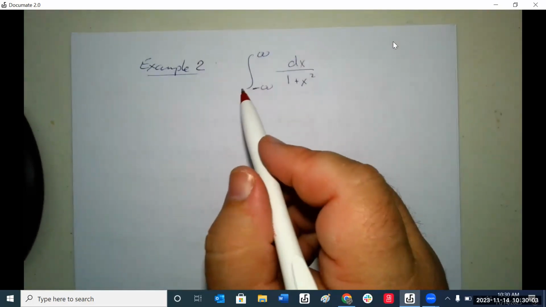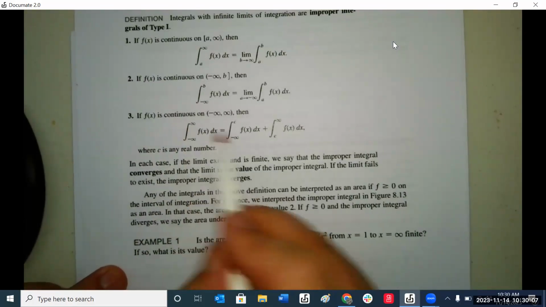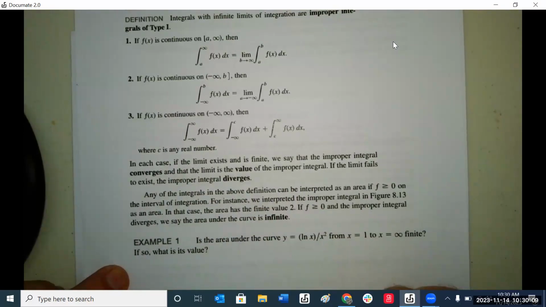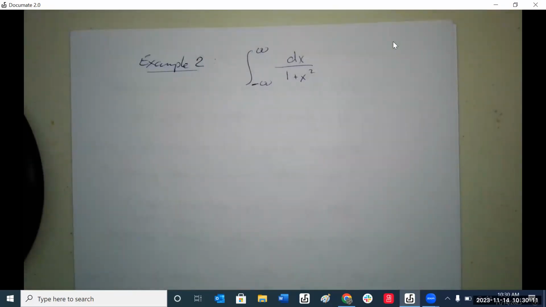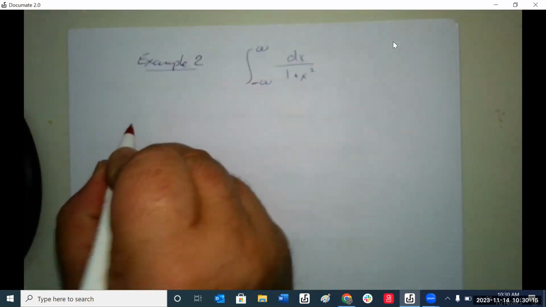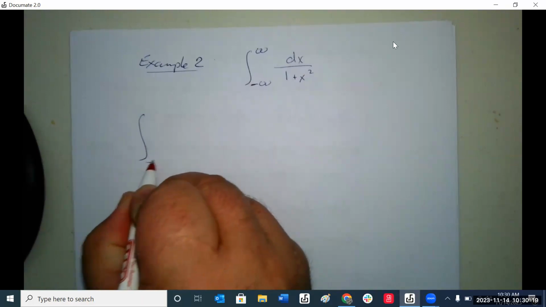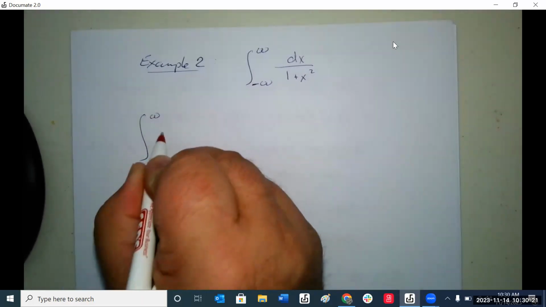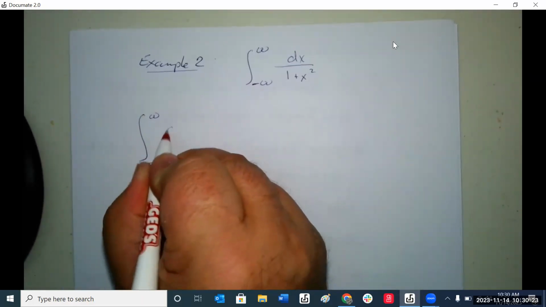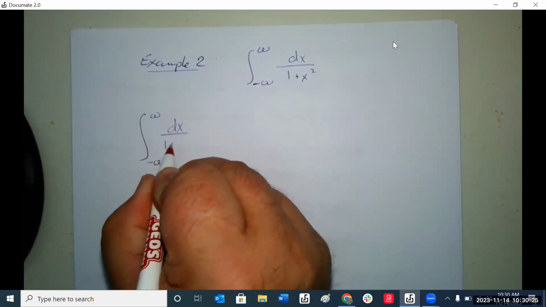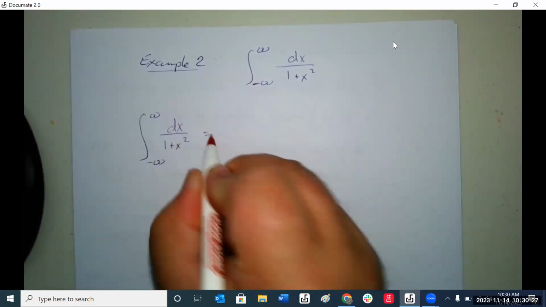Remember, condition 3: negative infinity to infinity, we're going to break it into 2 pieces. So we have negative infinity to infinity, dx over 1 plus x squared.